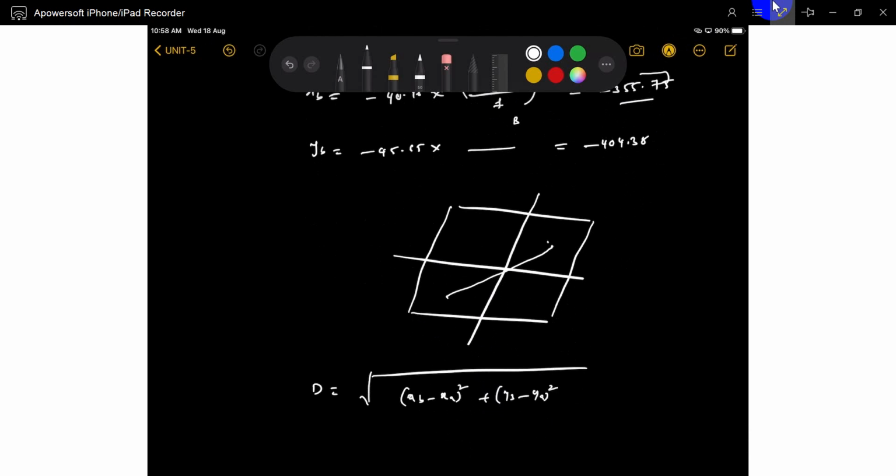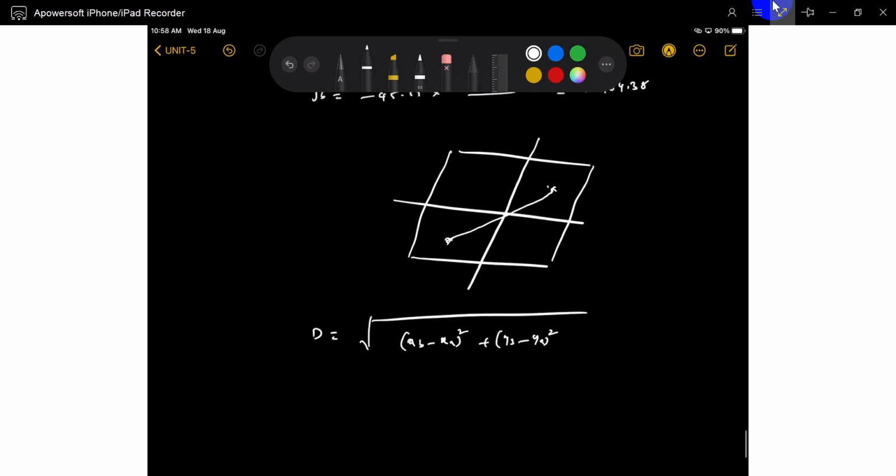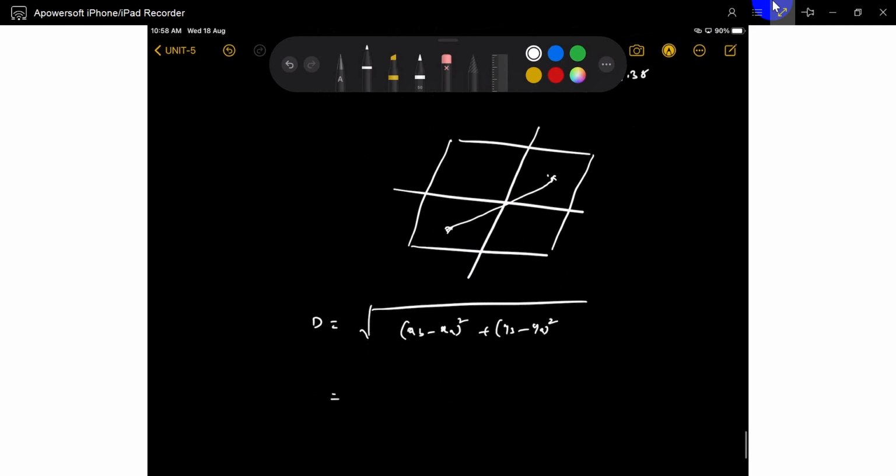I think you learn it in 6th or 7th class. If you know the coordinates of 2 points, you will get the distance between them. So the distance between those 2 points is 1042.73 meters. That's it. You get the distance between point A and point B on the ground.